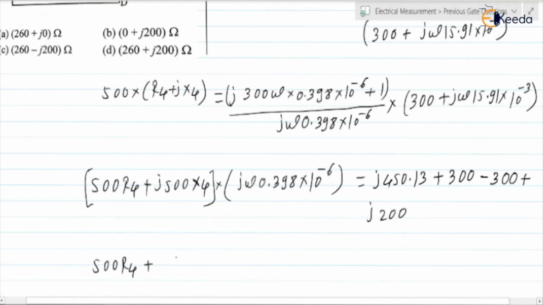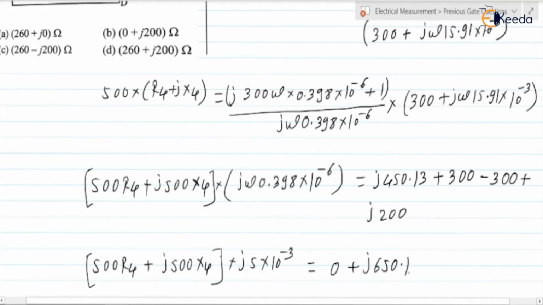So 500 into R4 plus j 500 into X4, this is the one bracket, into this term, so it is 4000 into pi into 0.398 into 10 to the power minus 6, so it is 5 into 10 to the power minus 3 into j, is equal to 0, plus 300 minus 300 is 0, plus j 650.13.